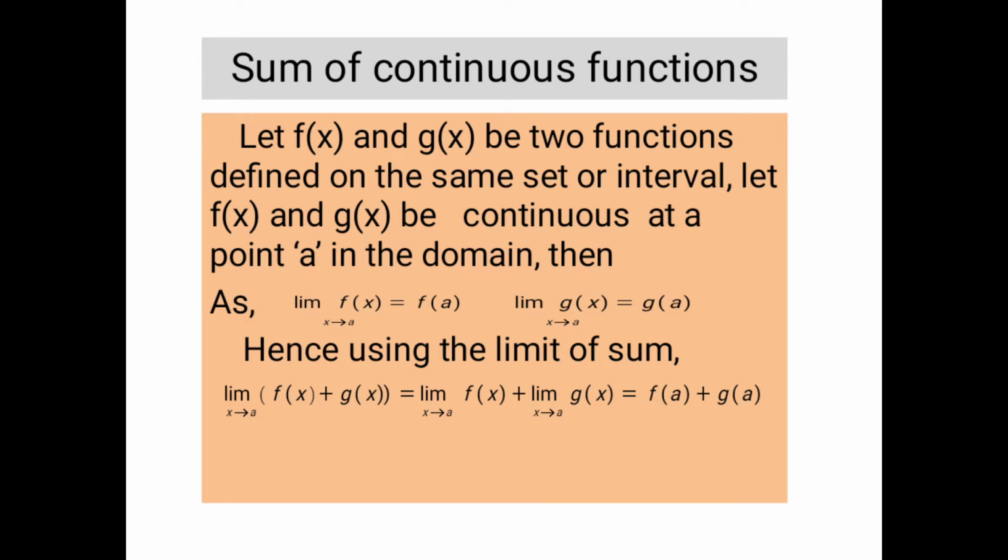Hence, we take the limit of f(x) plus g(x) as x tends to a, and by using the algebra of limits, we can rewrite it as the limit of f(x) as x tends to a plus the limit of g(x) as x tends to a. And by the above definition, we see that the first term is f(a) and the second term is g(a) in the sum. So we have the limit as x tends to a of f(x) plus g(x) is equal to f(a) plus g(a). So this implies the sum of two functions f(x) plus g(x) is continuous at x equal to a.